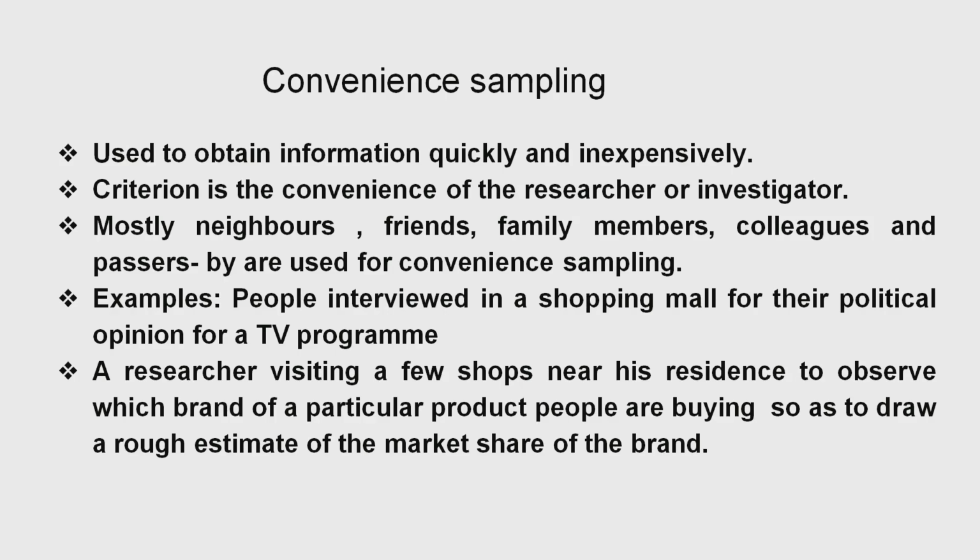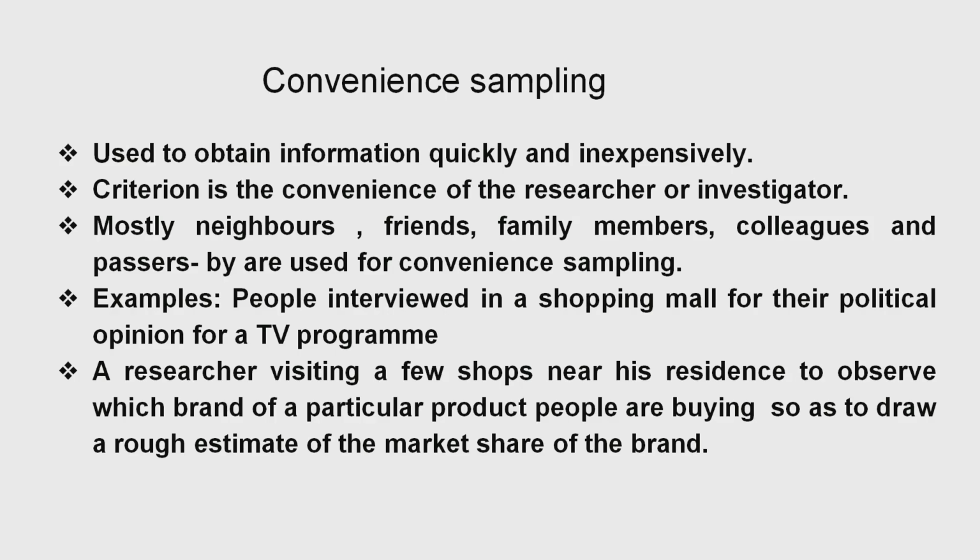And one more example: a researcher visiting a few shops near his residence to observe which brand of a particular product people are buying, so as to draw a rough estimate of the market share of the brand. Here, the researcher could have visited many shops in the city, but instead of visiting all of them, he is visiting only the shops nearer to him.